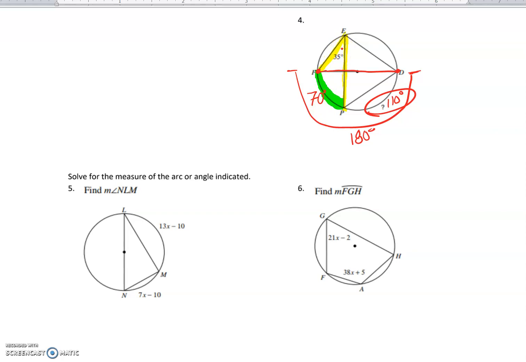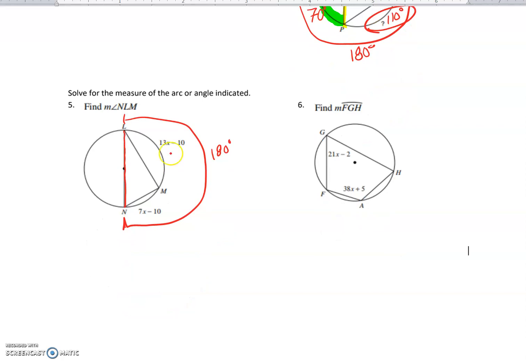Now looking at number 5, I see that, so another diameter. That means that this measure is a semicircle, and that will be 180 degrees. So the way to solve this question would be to take these 2 measures, because they're the measures representing NM and LM.